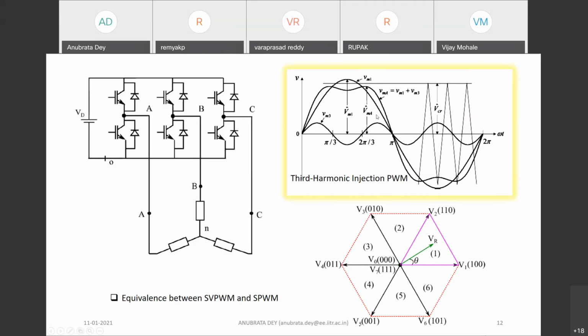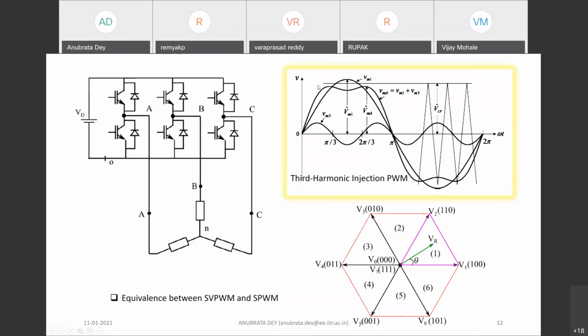Here I'm coming to the SPWM technique, sinusoidal pulse width modulation technique, where you use a sinusoidal. So forget about the other two waveforms. First, let us concentrate on the sinusoidal waveform.